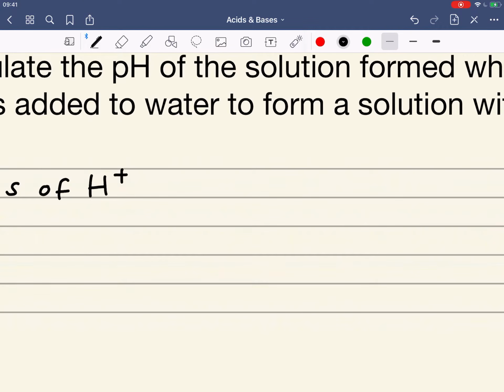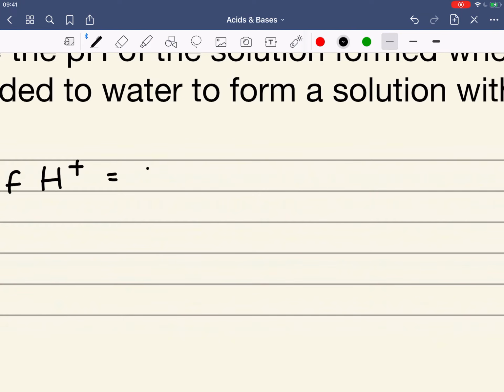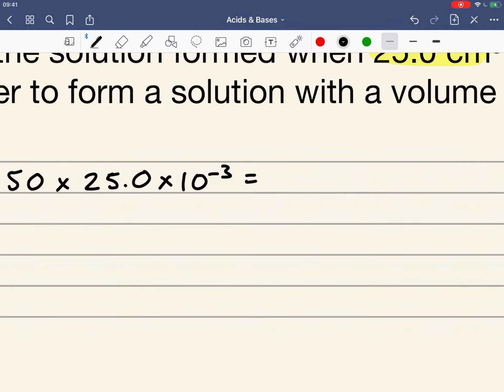So my moles of hydrogen ions can be calculated by the volume and concentration given. So it's 1.50 times 25.0 times 10 to the minus 3, and that gives me 0.0375 moles.